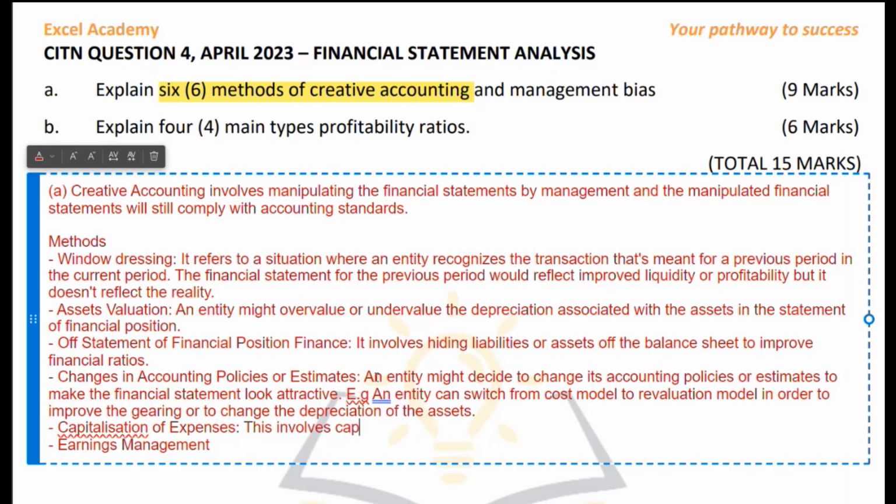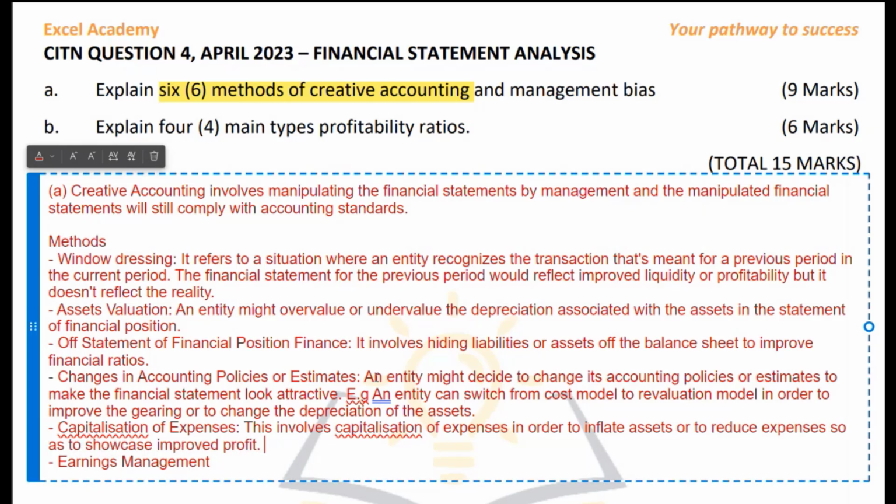And this involves capitalizing expenses in order to inflate assets or to reduce expenses, so as to showcase improved profits. An entity might purposely capitalize an expense that is minimal, not material. Normally, a material expense, for example the purchase of assets, should be capitalized because it's an asset we bought, right?